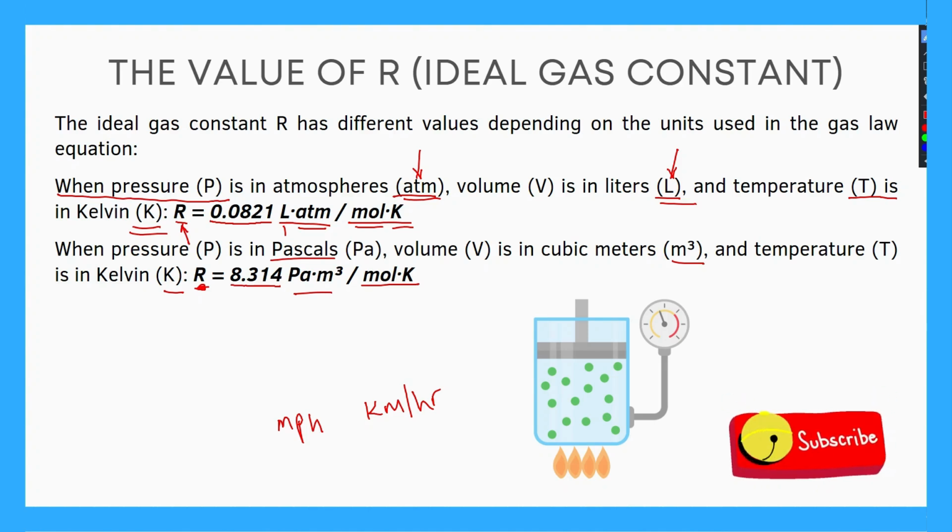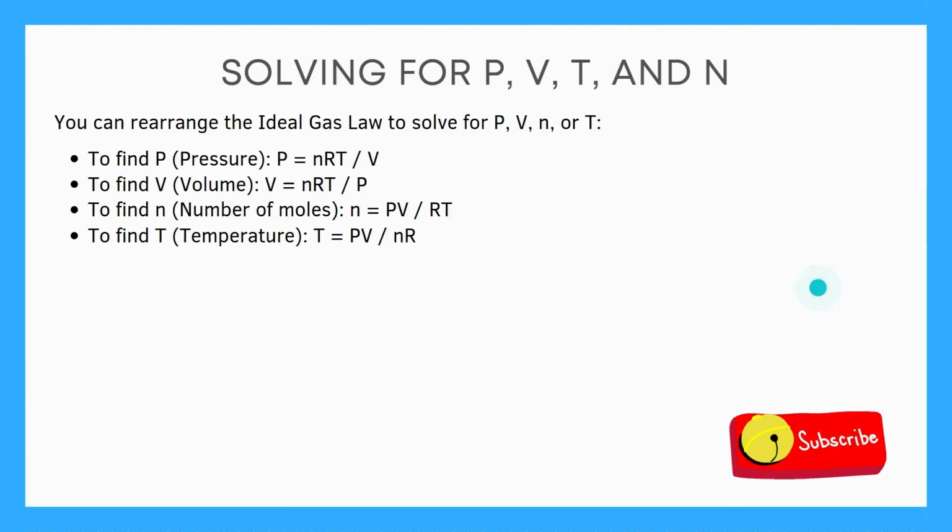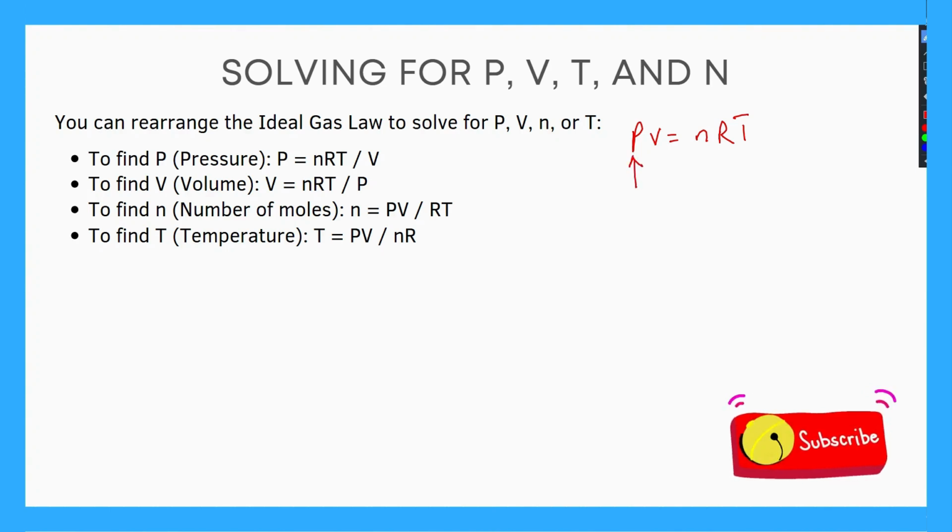So that's it for the ideal gas constant and the values that it represents. So having said that, let's see if we can solve for the other variables. Now, remember the ideal gas equation says PV is equal to nRT. So for instance, if you are asked to find P, it means you must make P the subject of the formula.